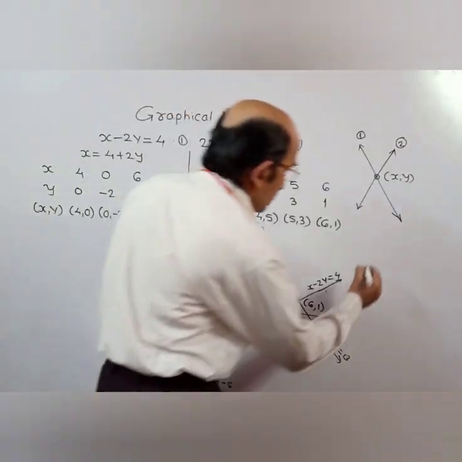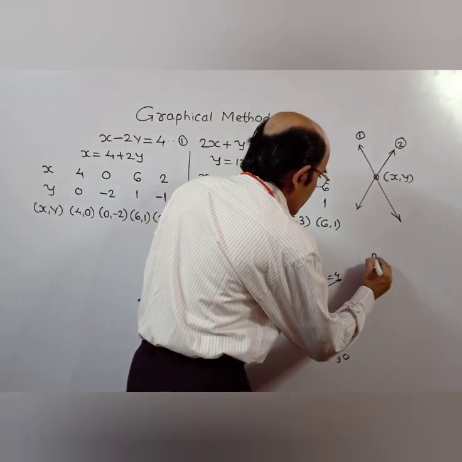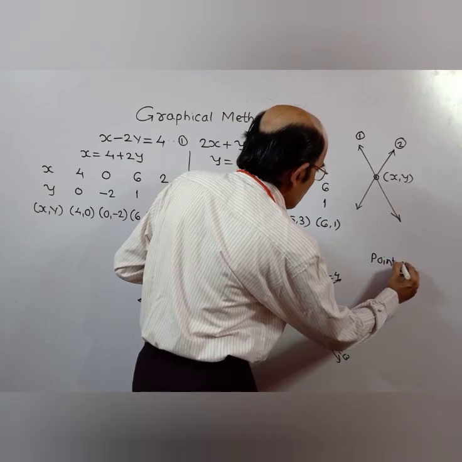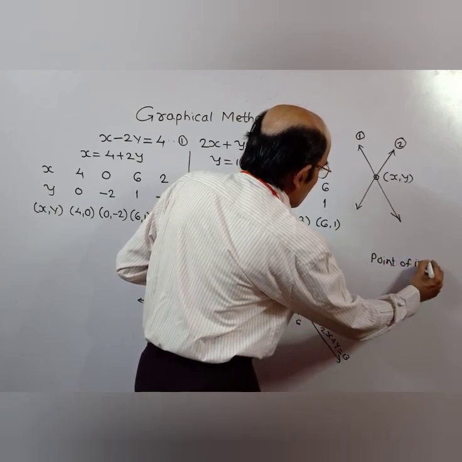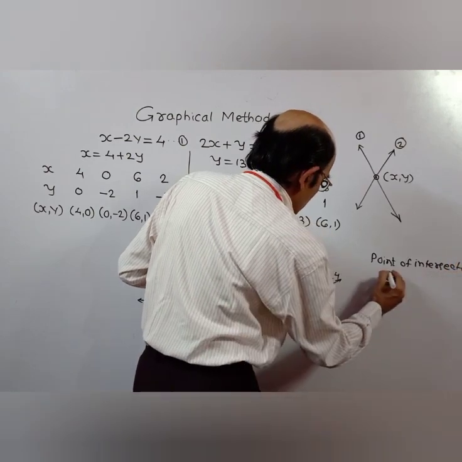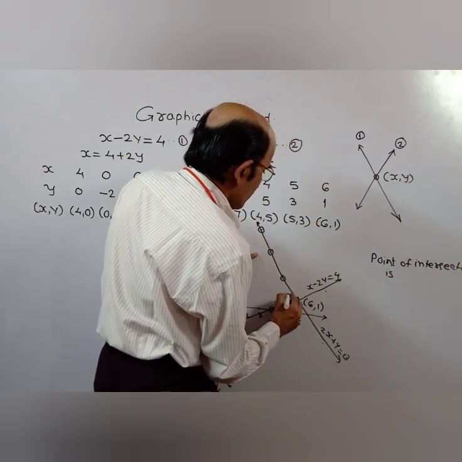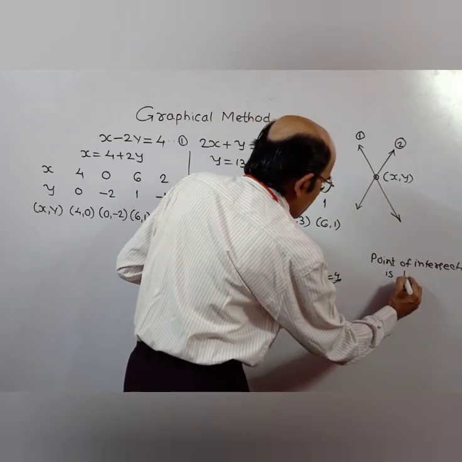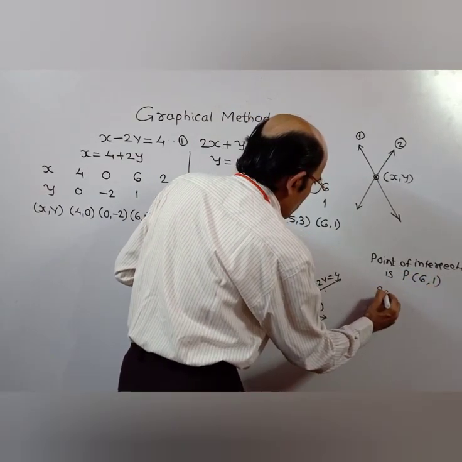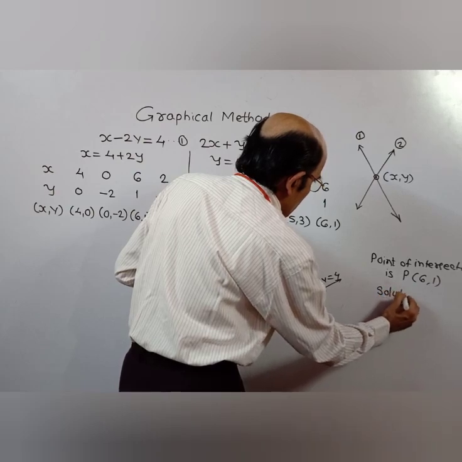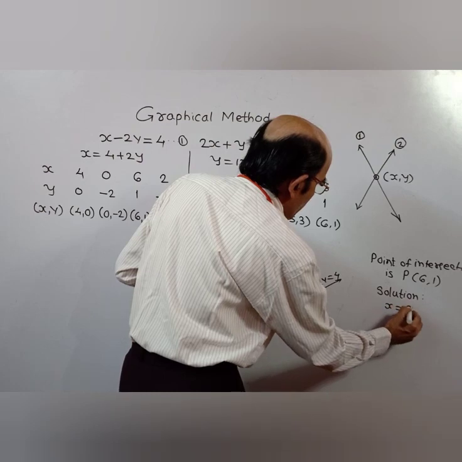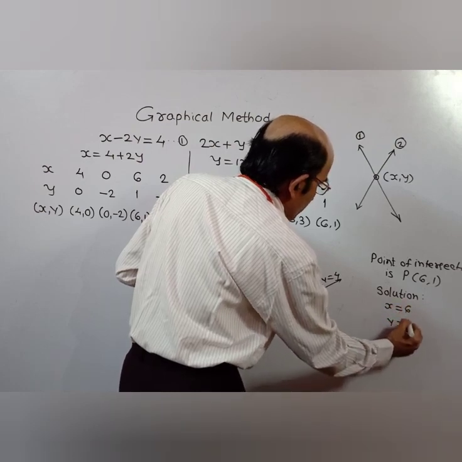And then we can write that point of intersection, say it is point P, P(6, 1). So the solution is x is equal to 6, y equal to 1.